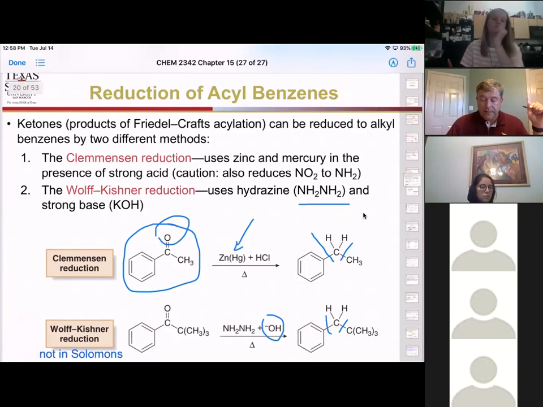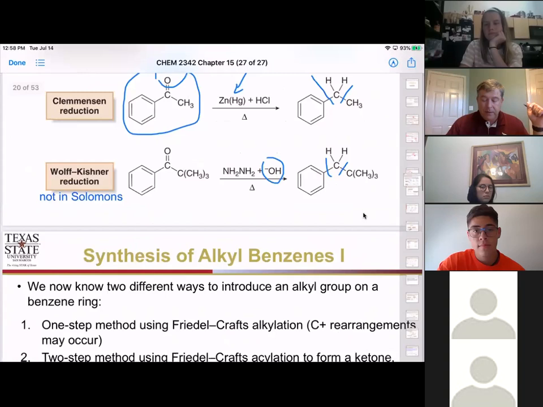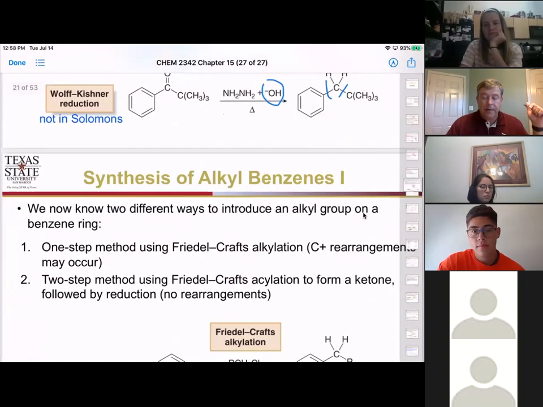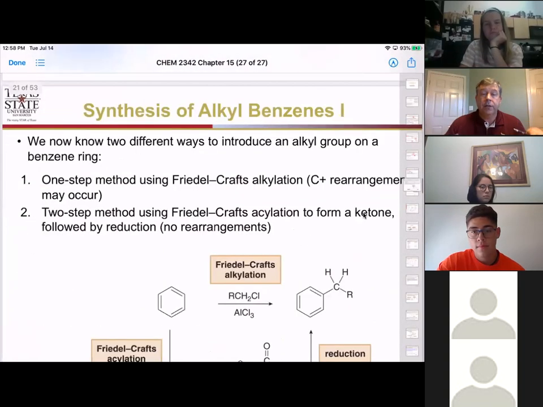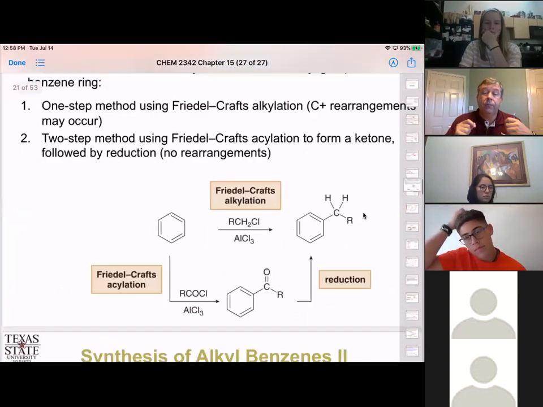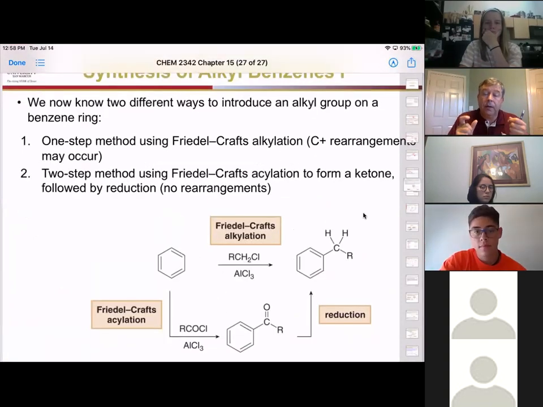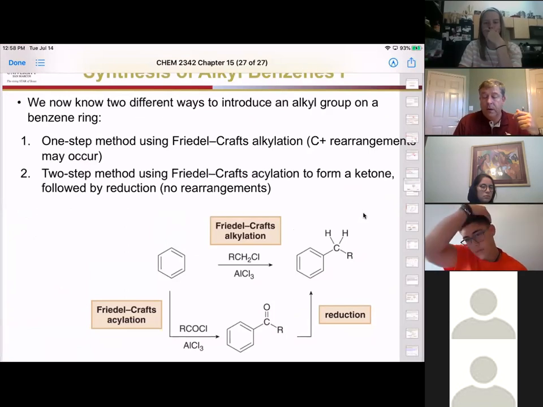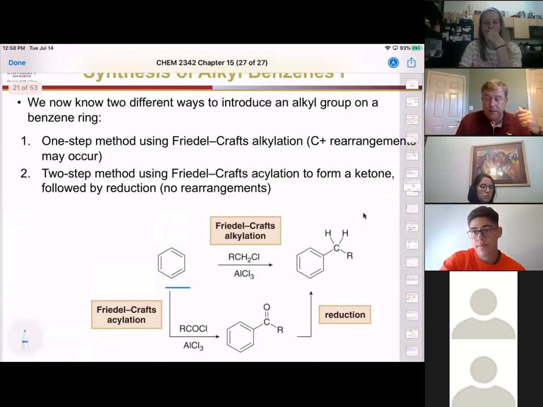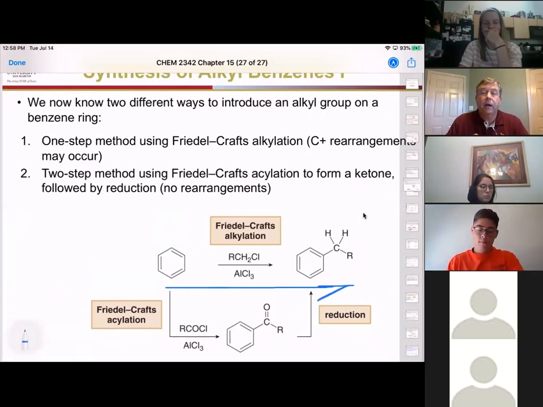So what does that mean? That means we can use it as a strategy to create our straighter chain materials. If we had a short alkyl chain like an ethyl group right here, we could do our Friedel-Crafts reaction directly and generate that compound.